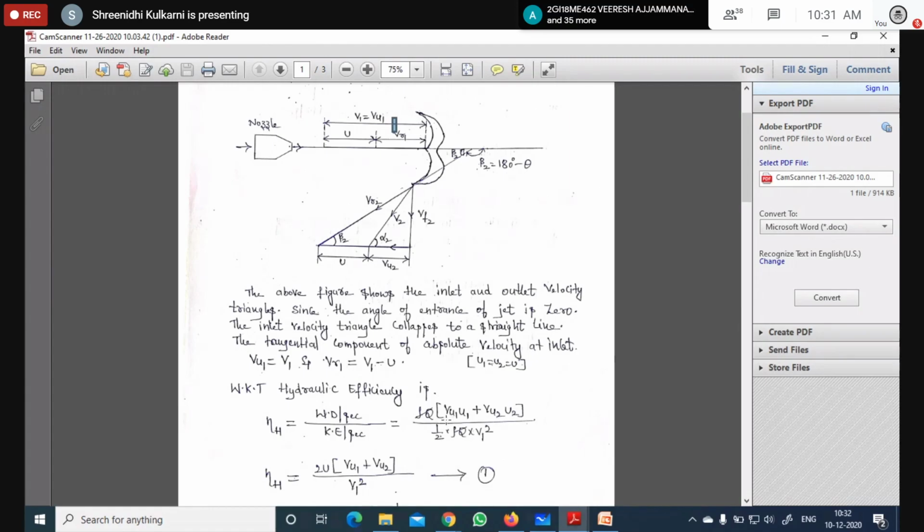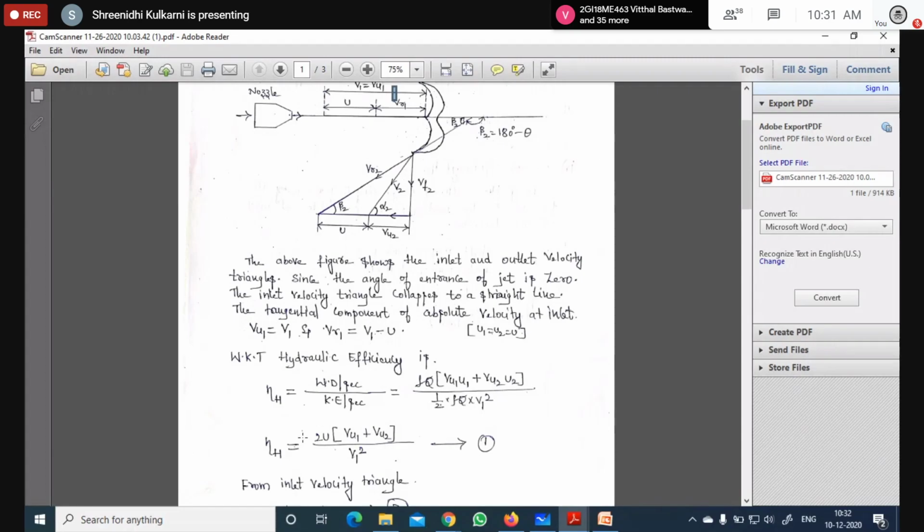Finally, we can write the hydraulic efficiency is given by 2 into U, because U1 is equal to U2, so that is U into (Vu1 plus Vu2) divided by V1 square.